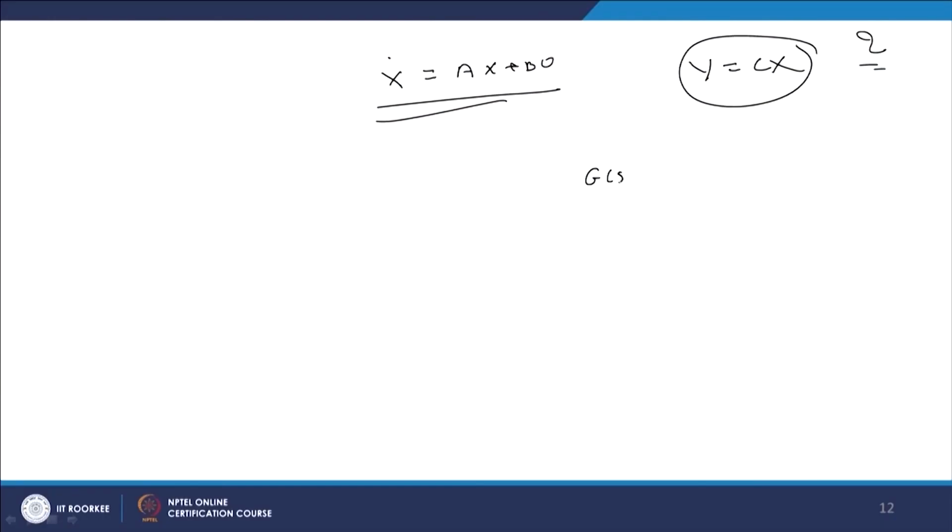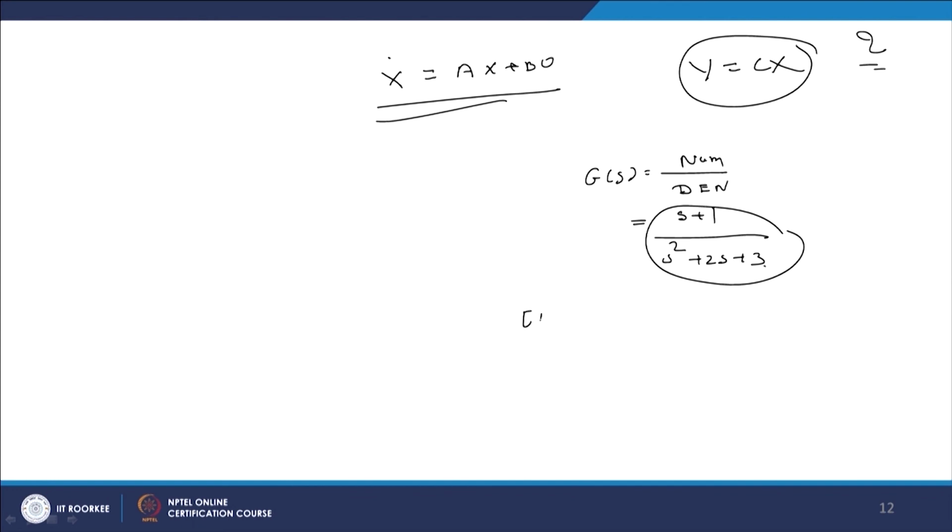It is because if you write any transfer function G(s) in terms of numerator and denominator, let us say s plus 1 over s square plus 2s plus 3, and if you convert this in terms of A B matrices, A is 0 1 minus 3 minus 2, B matrix is 0 1 and C matrix is 1 1.